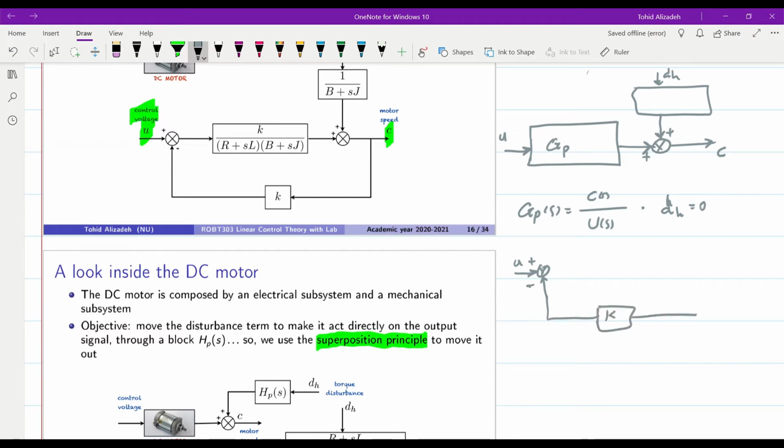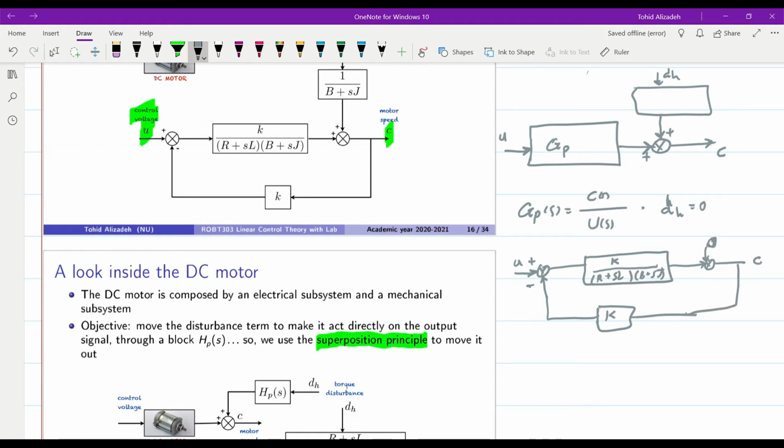We have K in the feedback loop, internal feedback. So K over (R plus SL)(B plus SJ). The summing point, and basically 0, yeah?